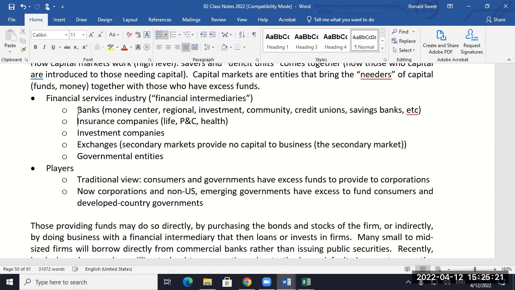Life insurance companies are the major lenders to corporations. They do a lot of lending for corporate bonds. Property and casualty companies lend a lot of money to municipalities. So they loan a lot of money to states and cities and hospital districts. So they're big lenders. They tend to lend more than they invest in the stock market.